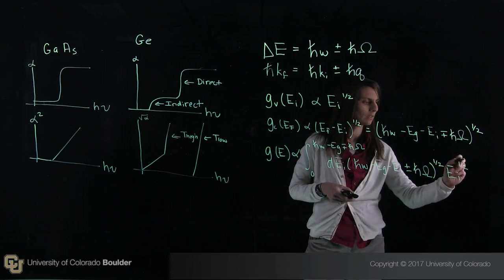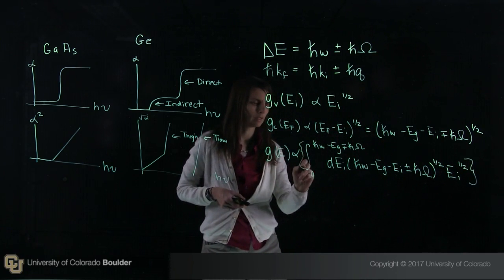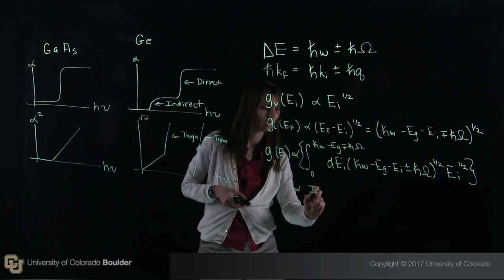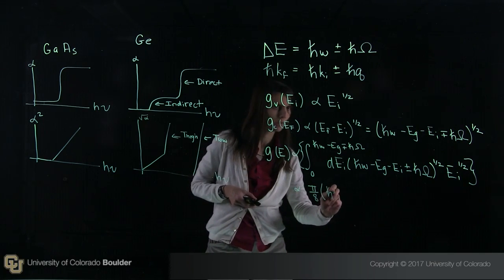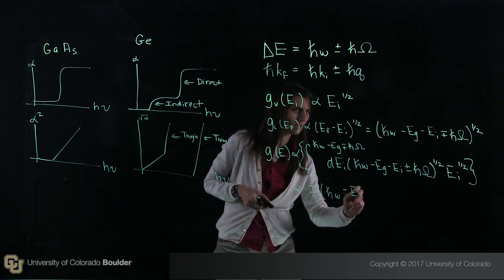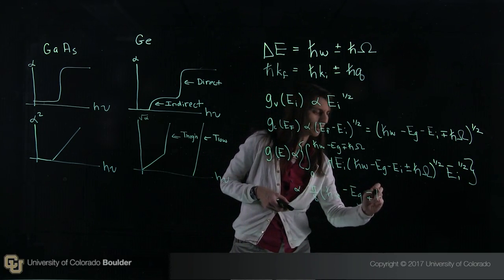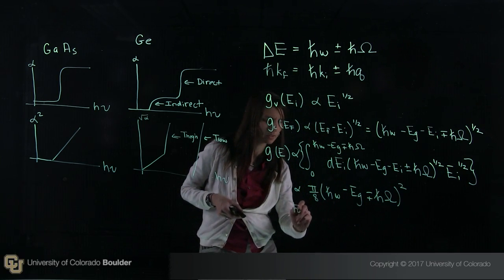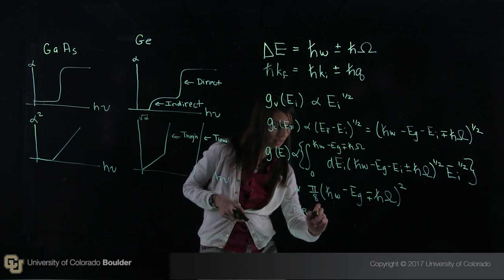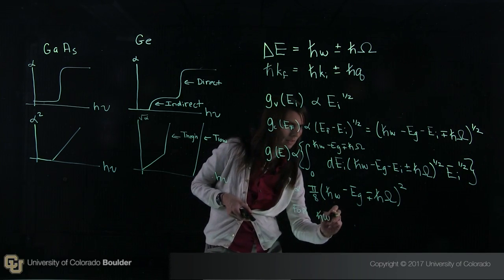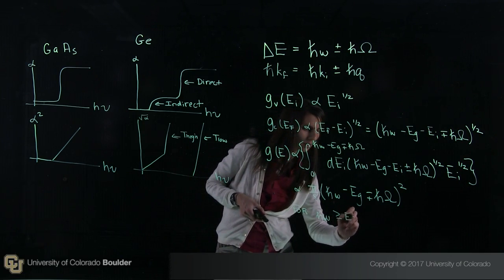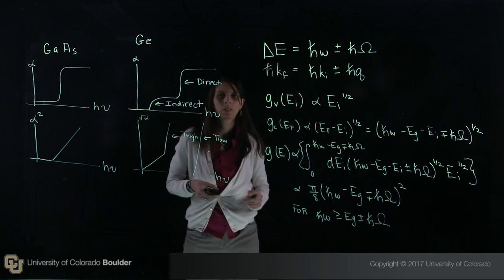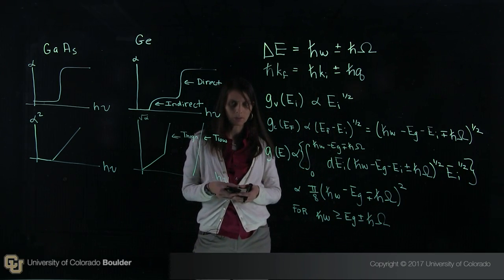So that's essentially what needs to be integrated. And if we integrate it, what we find is that g of E is proportional to pi over 8 times h bar omega minus E_G minus/plus h bar capital omega, squared. And this is valid for photon energies where h bar omega is greater than or equal to E_G plus or minus h bar capital omega. Okay, so that's actually what's going on.